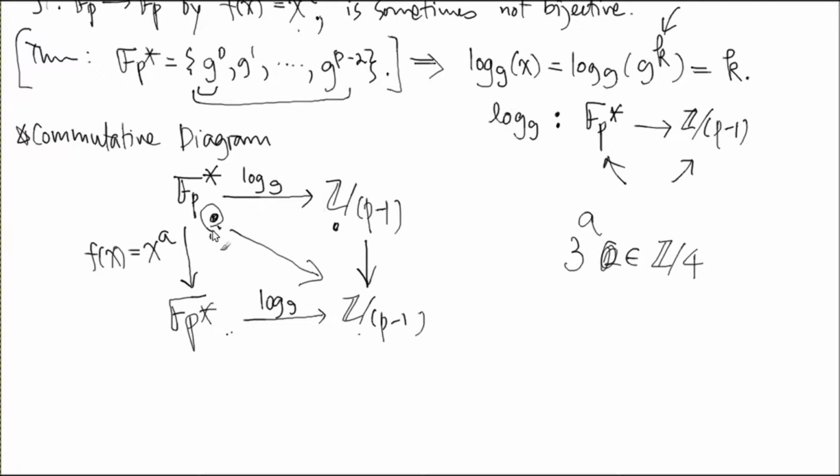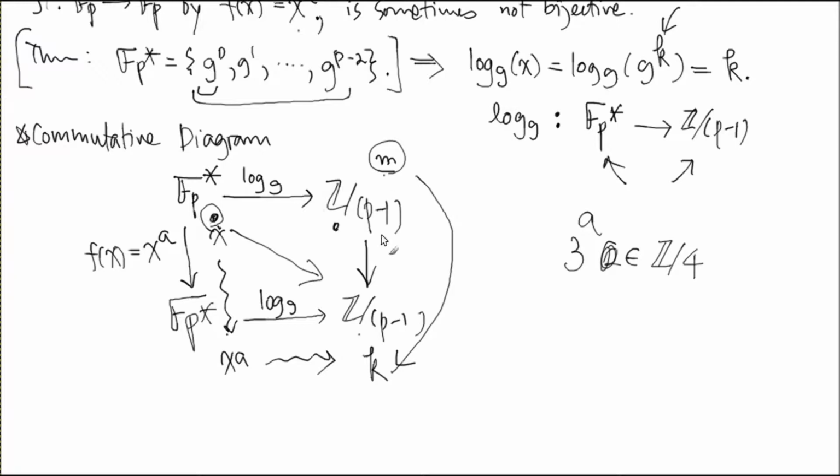If I start with x here, I go down to x to the a. And then whatever the log g is, this is not g, so the map is not a. But no matter what elements you have here, there is a correct exponent for that g, so it's going to be some k, whatever that is. And x is going over there, and I don't know what that is, so I'm going to call this m. m is maybe not a good notation, but it's all right. x goes to m, that's the exponent, and m is mapped to k.